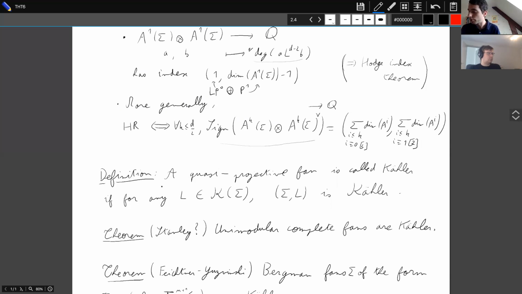So now I will say that a quasi-projective fan is scalar if for any ample class the pair verifies the Kähler package.